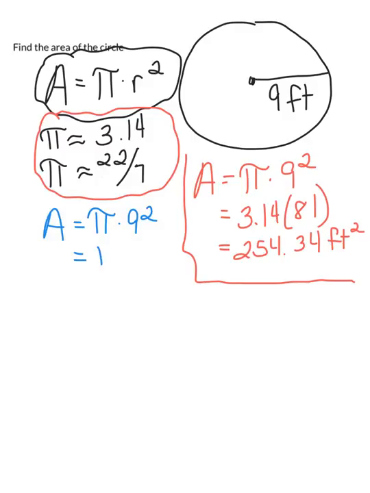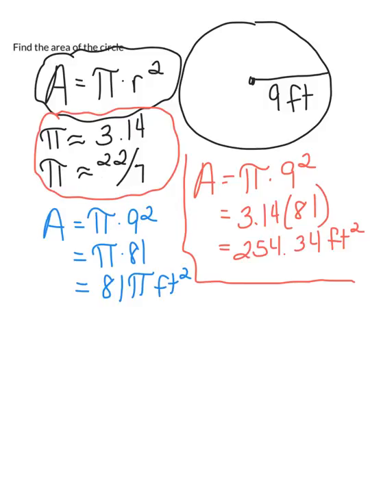So we're going to end up with pi times 81. Now, it looks better. Pi is almost like a variable here. It looks better if we put the pi after the 81. So it is 81 pi feet squared. And that's leaving our answer in terms of pi.